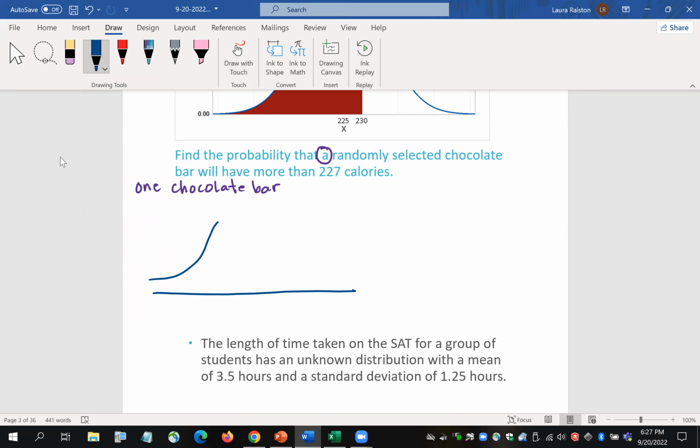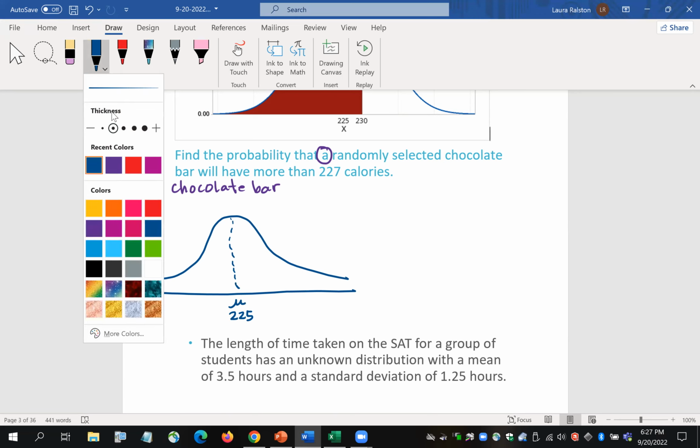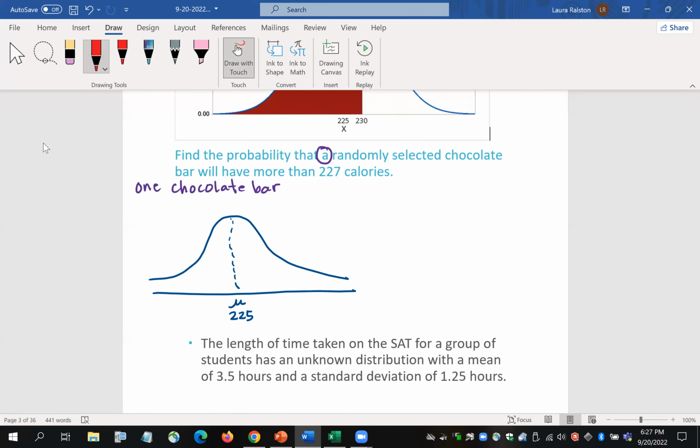So I have my horizontal axis, my bell-shaped curve, the mean in the middle, which is 225, and I'm interested in whether the number of calories is greater or more than 227. 227 is still going to be on the right-hand side because it's slightly bigger than 225, and we want to be more than, which is to the right.